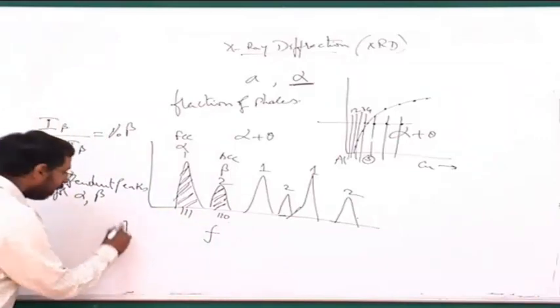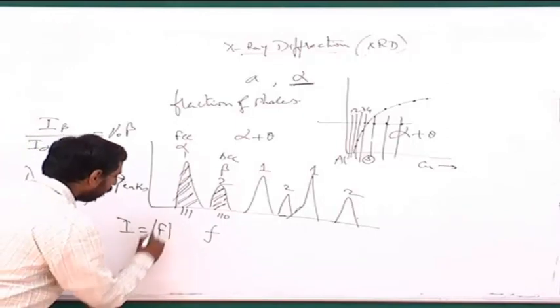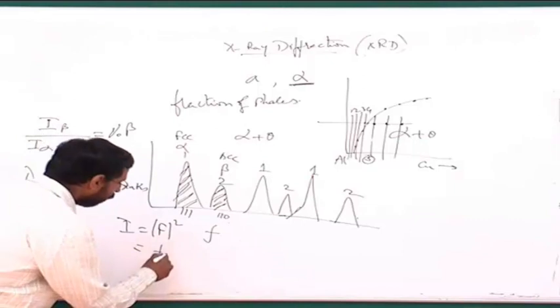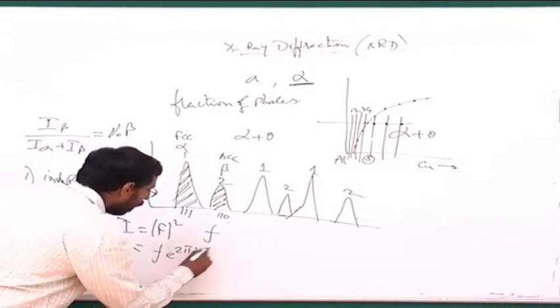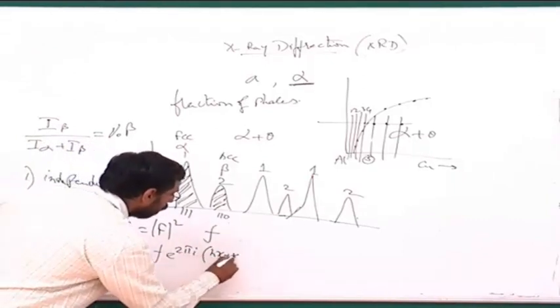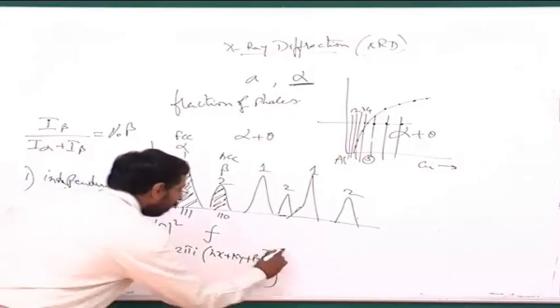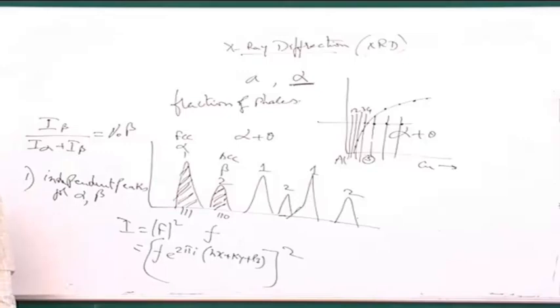Because intensity comes as the square of the structure factor, and the structure factor is nothing but e to the power 2 pi i into (hx plus ky plus lz). So the square of this is what we are talking about.